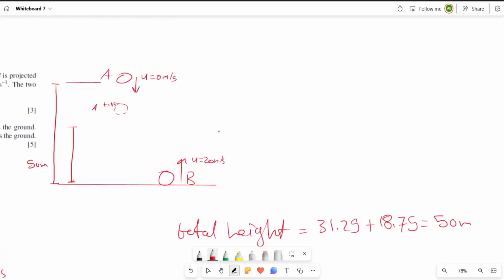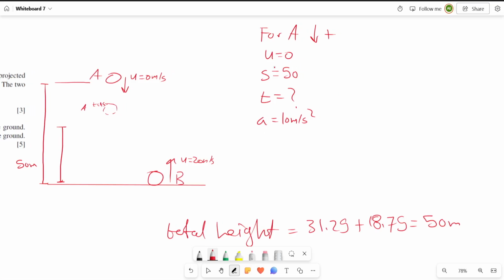So what I can do is say, again, the things for A, taking down as positive, take u as 0. My displacement is going to be positive 50. Why positive? Because 50 meters is below the starting point, and we're saying that anything that's down or below is going to be positive. We need the time, and we have the acceleration as 10 meters per second squared. Which letter didn't I mention over here? Again, letter v, so I'm going to use s equals ut plus half at squared to find the time.